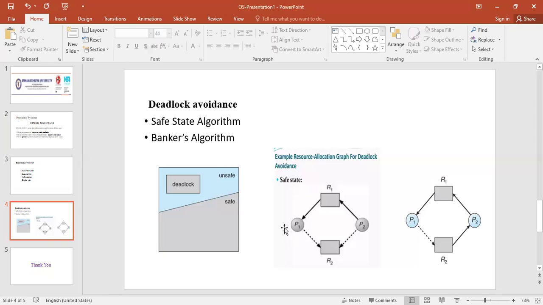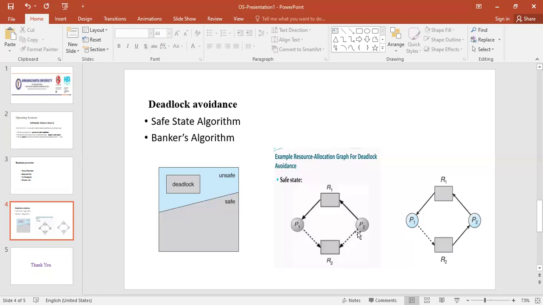For example, if you are seeing this diagram, the P1 or process 1 has not yet requested, so automatically the resource will be allocated to the process P2.